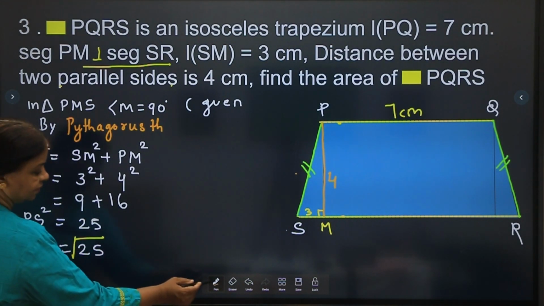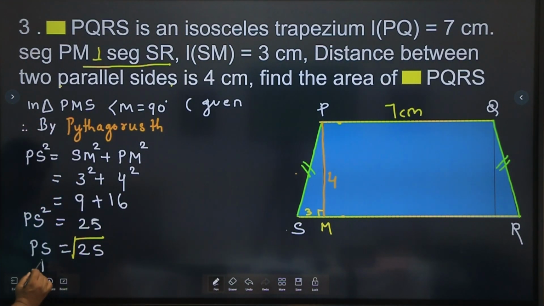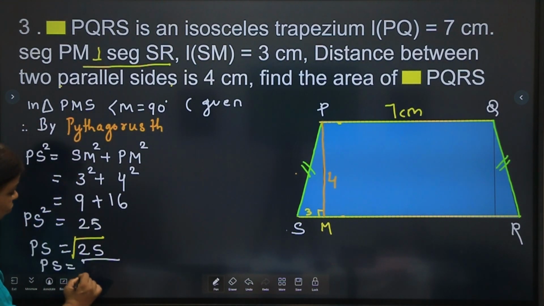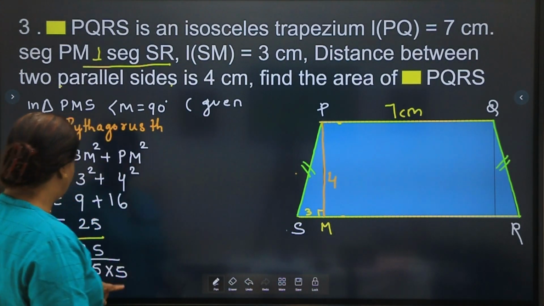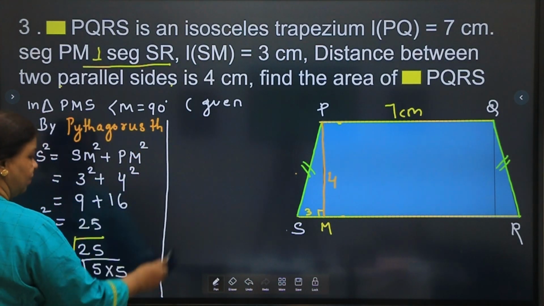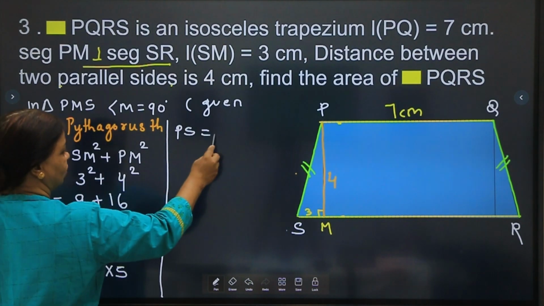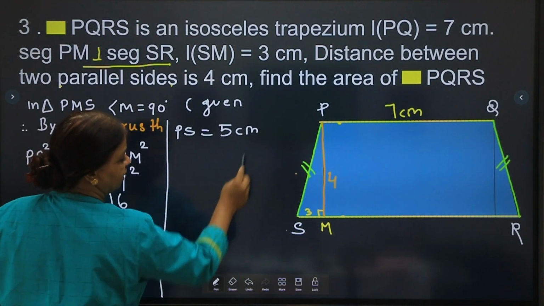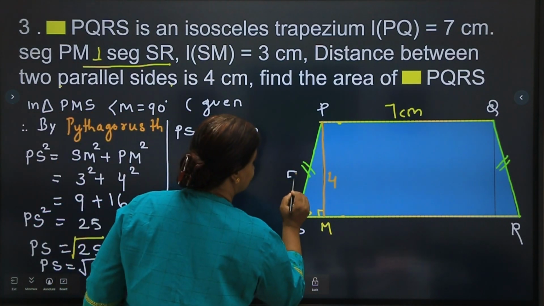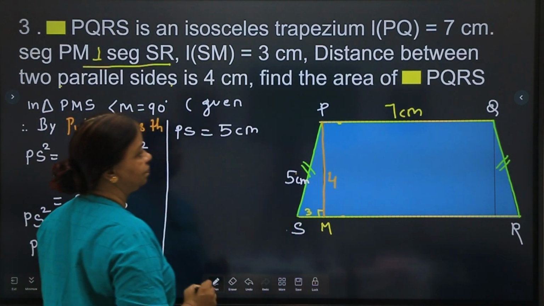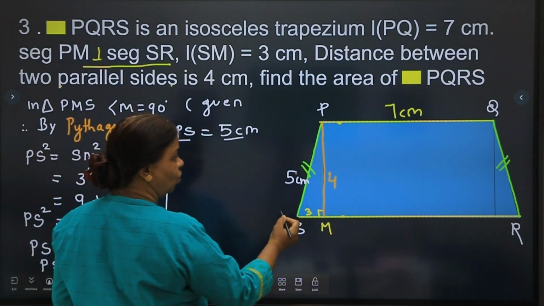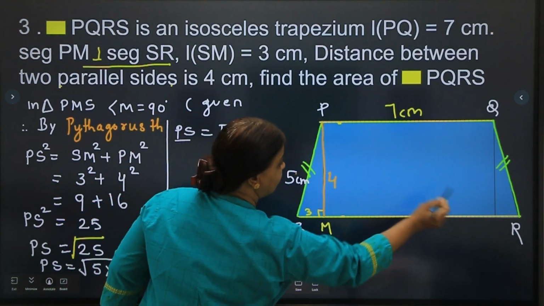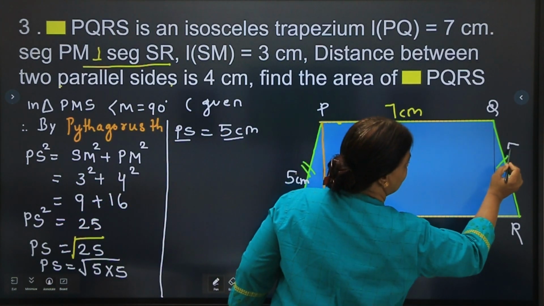So what will I get? PS is equal to under the root 5 into 5. And children, you know, if any number is inside the root 2 times, then it will come out of the root 1 time. So I will get PS is equal to 5 centimeter. Now, we know PS is equal to QR, as we discussed first. So we can write QR as 5 centimeter.